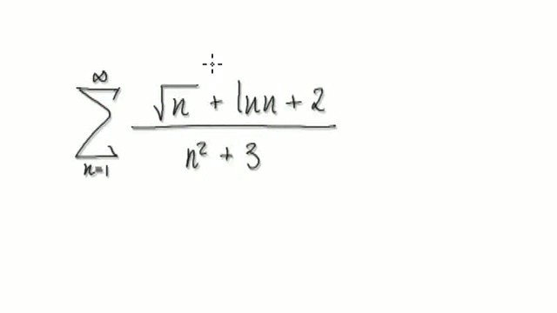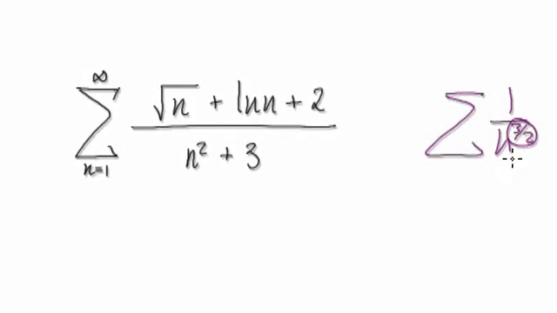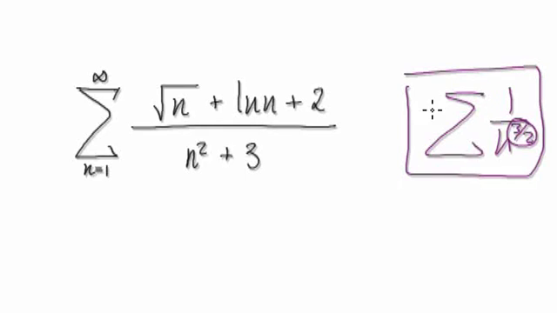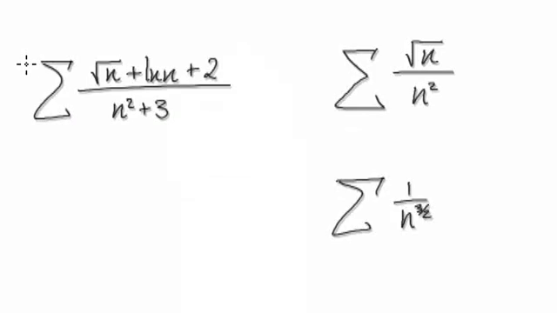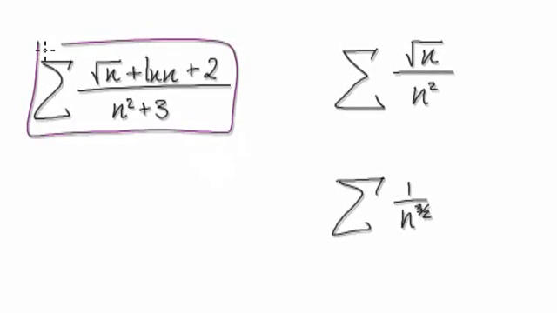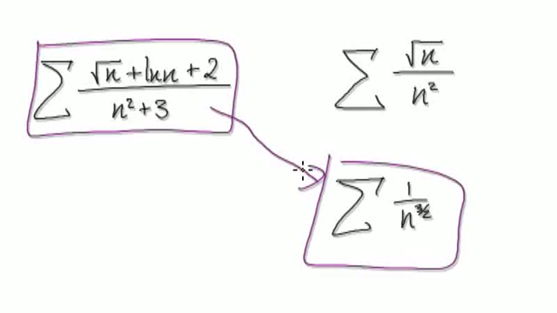So let's start again. We know nothing about this, so we are going to compare it with 1 over n to the power of 3 over 2, because this p is bigger than 1. This whole series here will converge. We don't know anything about this yet, so we are going to compare this with this.